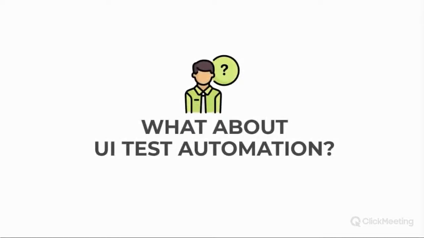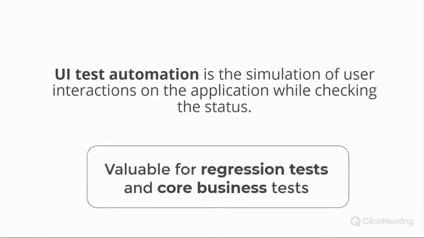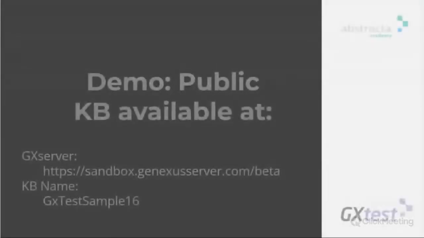What about UI automation? UI testing is another approach that enables the simulation of user interactions over the running application. These are valuable for regression tests and core business testing.